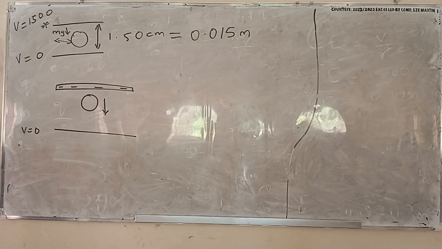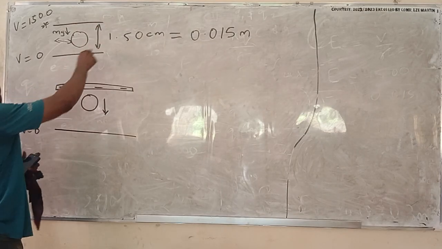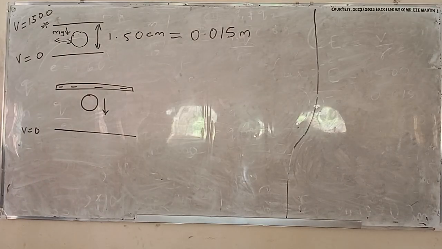The 1.5 is the distance now from here to here. Are you there? The V is 1.5 now. The 1.5 is actually the distance from the one that is earthed to the one that is not earthed. That's what the 1.5 is for.